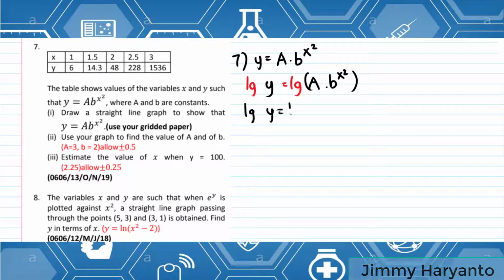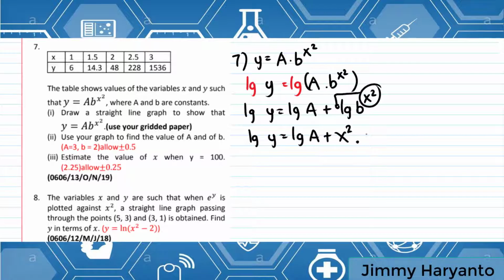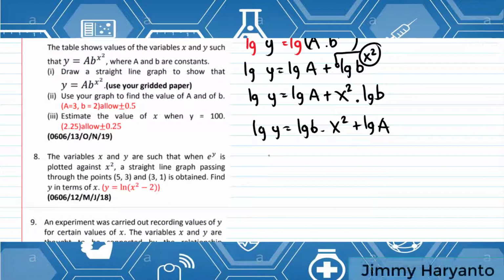Then I separate the right side, LG A plus LG B to the power of x squared, and then move the power, equals LG A plus x squared times LG B, and rearrange them: LG B times x squared plus LG A. There you go. We already get the equation of y equals mx plus c.